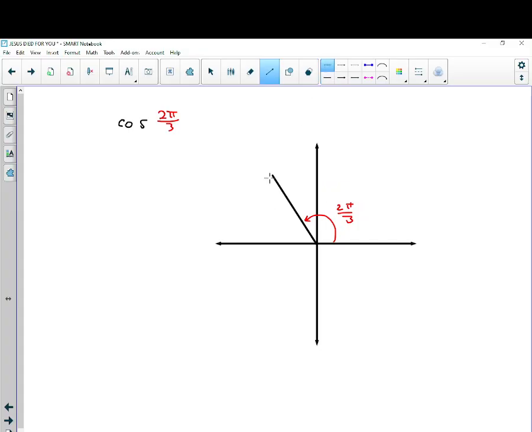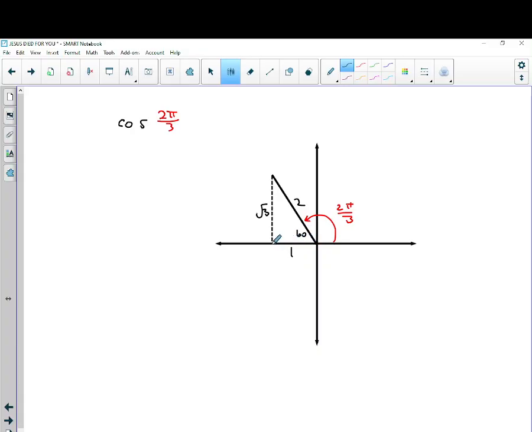The triangle is created by dropping a vertical line to the x-axis, and we use this reference angle here of 60 degrees. We have a 60-degree reference angle, so we have the same 30, 60, 90 right triangle with the side length ratios 1, square root of 3, and 2. But now, since we're in the second quadrant, we have to apply sign to the adjacent side and the opposite side from this reference angle.